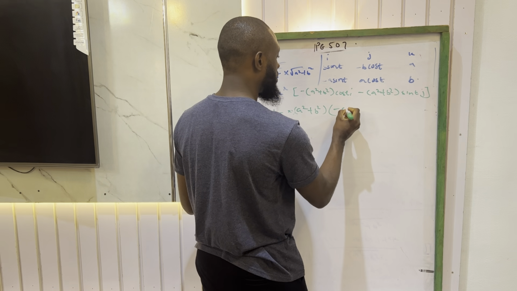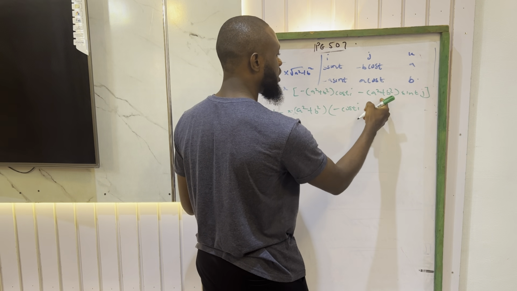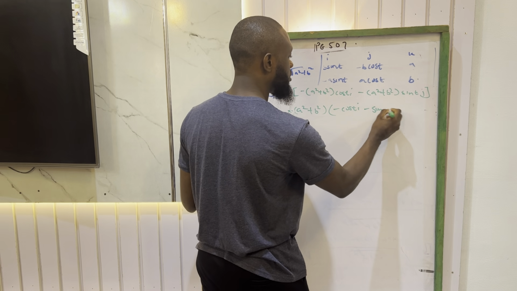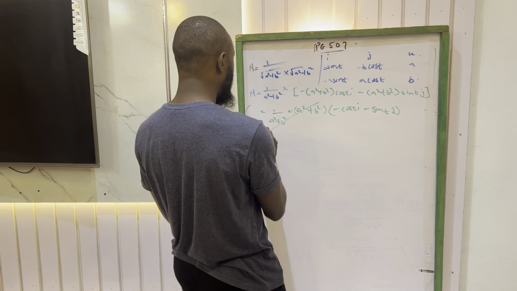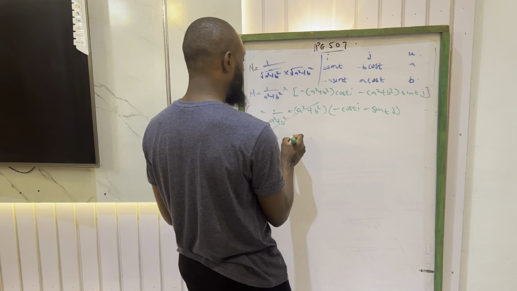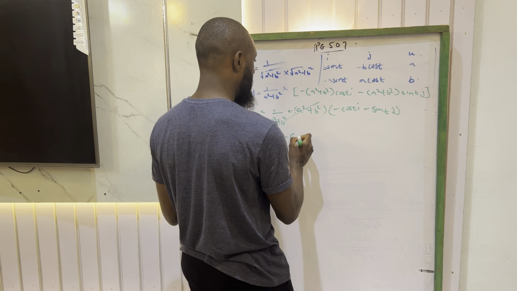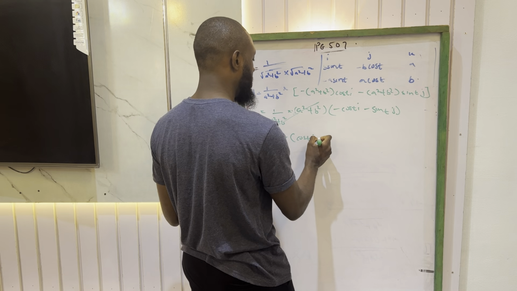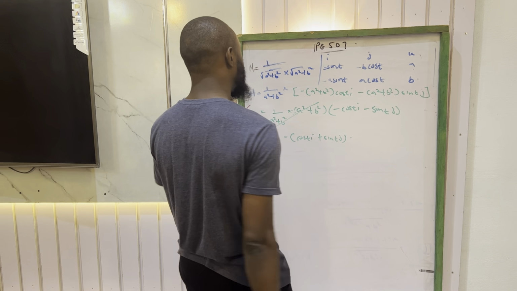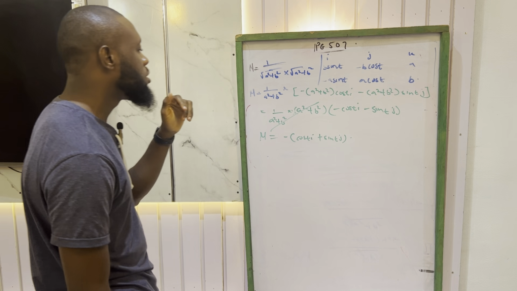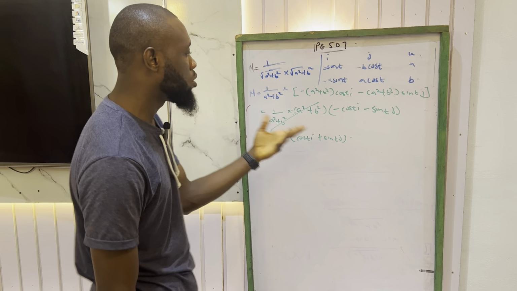We have minus cos t i, what to be left here, minus sin t j. Then these two can cancel themselves out. So that our normal gives us minus open bracket cos t i plus sin t j. So that's our normal. So we found the tangent, the binormal, and then the normal.